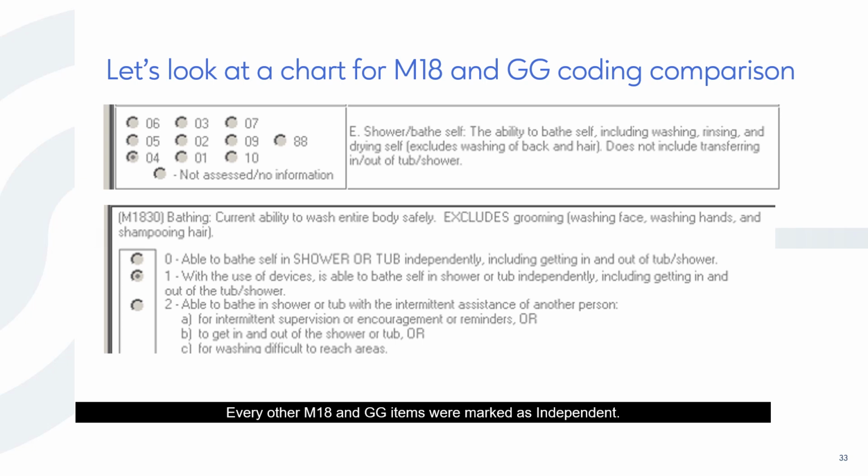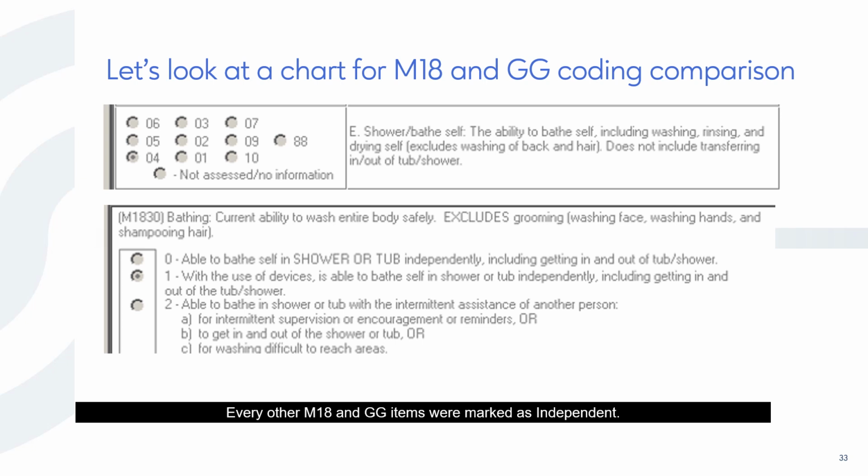So these two items do not correlate. You can't say in one they need a human, which is that code 04, and then say in M1830 they don't need a human. Just as an aside, all of the other M18 and GG items were marked as independent. So that code 04 is the anomaly here, and we'd have to get that corrected and really seriously looked at.